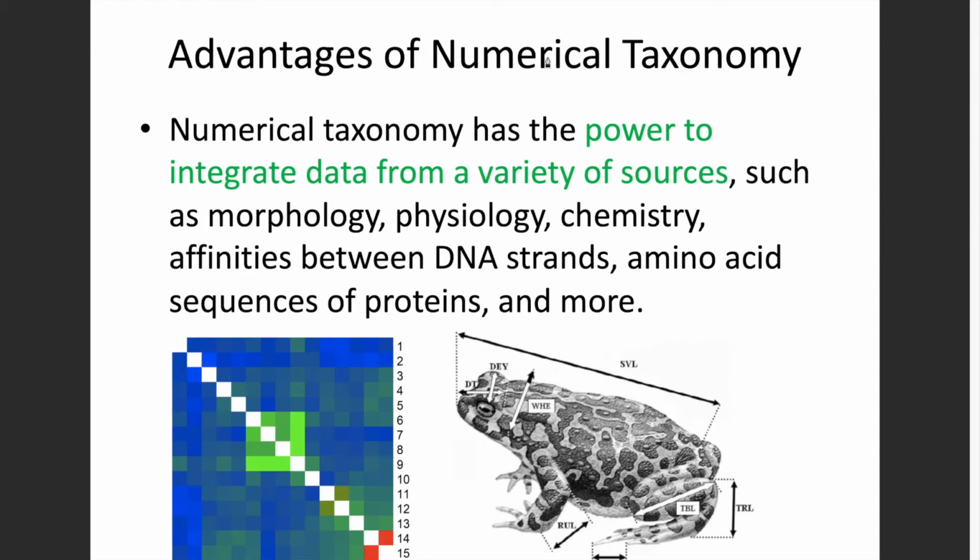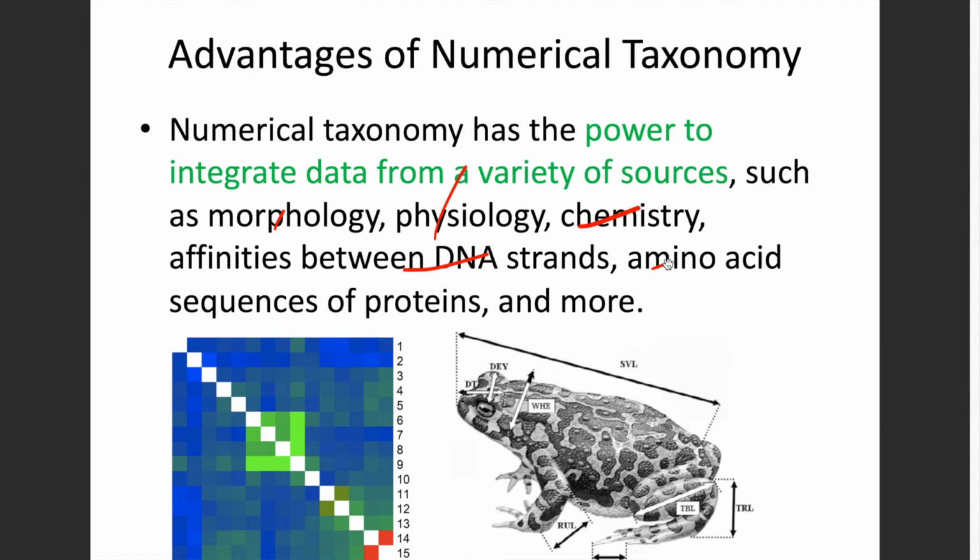So what are the advantages of using numerical taxonomy? The first one is that numerical taxonomy has the power to integrate data from different sources, whether it is morphological data, your physiology, your different chemical affinities, your chemistry, the DNA sequences, your amino acid sequences, your protein sequences. All of this data can be integrated into the creation of your classification scheme.